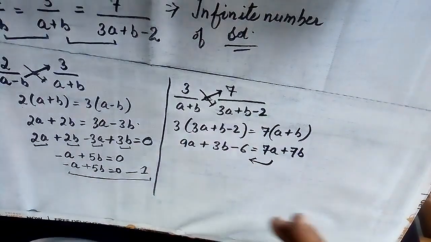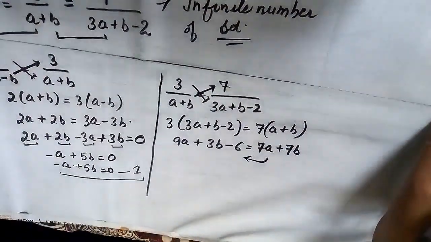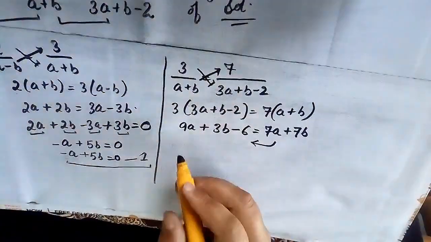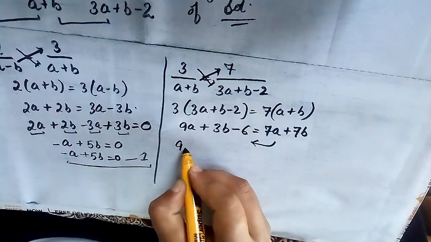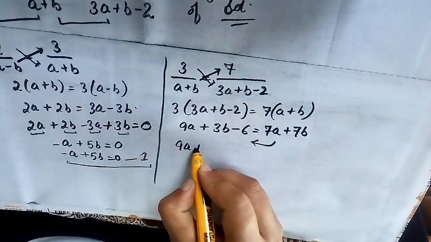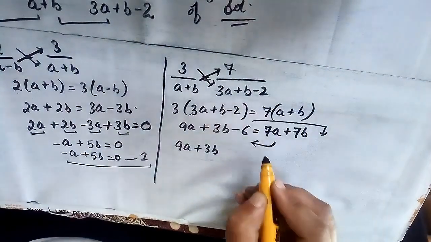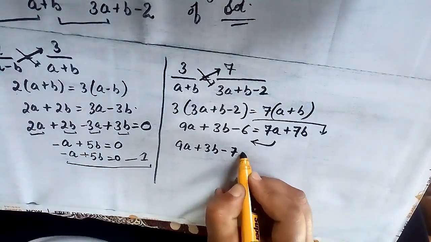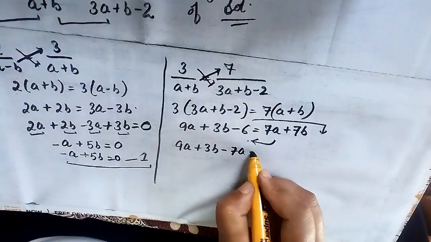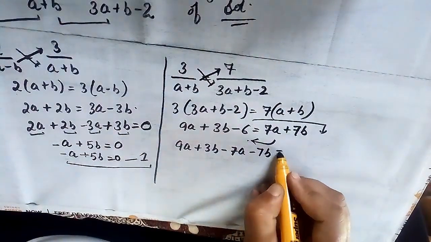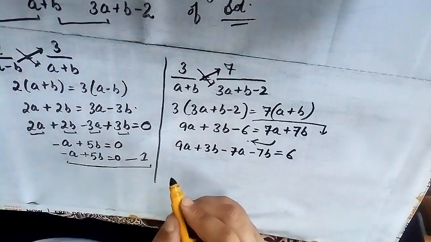Now bring 7a plus 7b to the left and take 6 to the right side. So you will get the second equation 9a plus 3b as it is. Take 6 to the right side, then minus 7a minus 7b will be equal to 6.